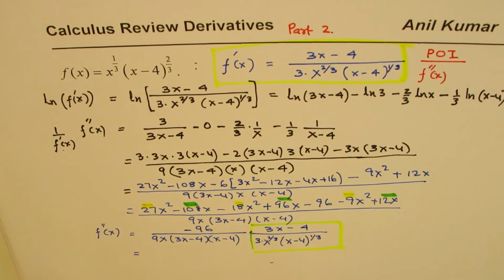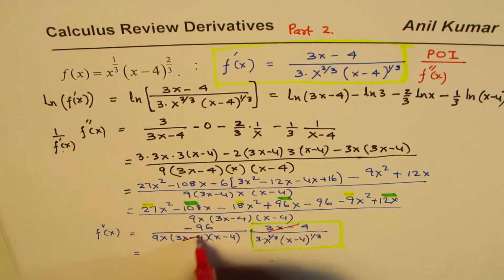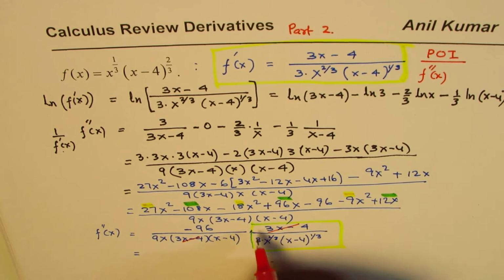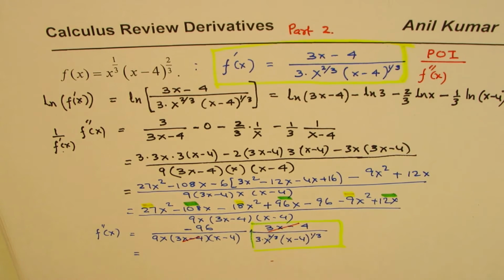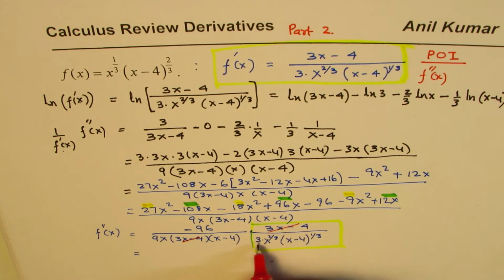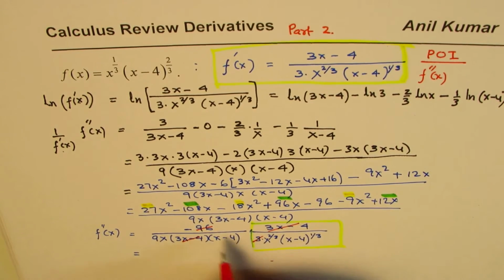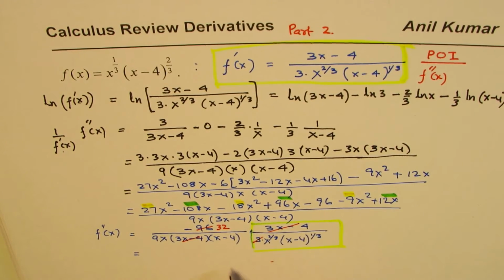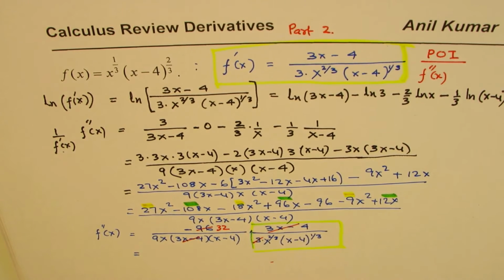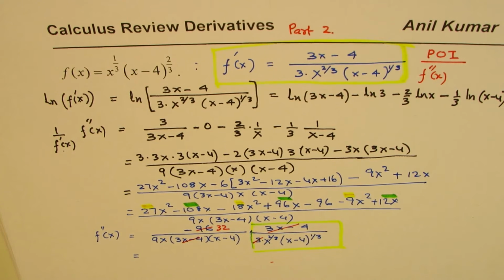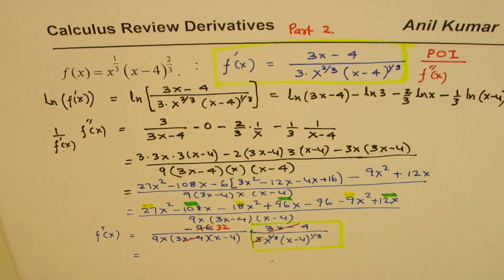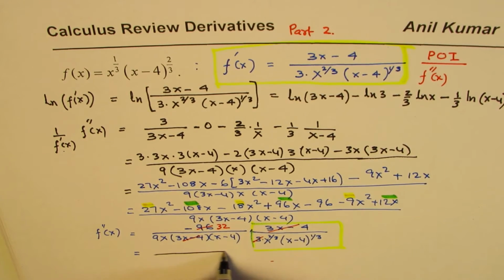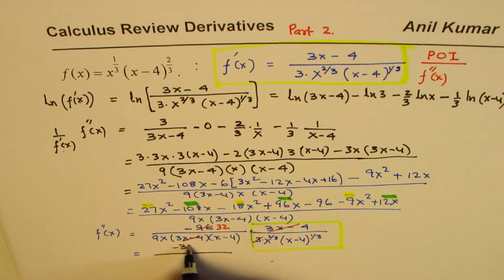So let us see what we can simplify now. 3x minus 4, 3x minus 4 cancel out. I could divide 96 by 3, so we get 32 here. Okay, that is good. And then we can combine these terms. Good. So we'll write down our final expression of the second derivative, which is right here. Minus 32.